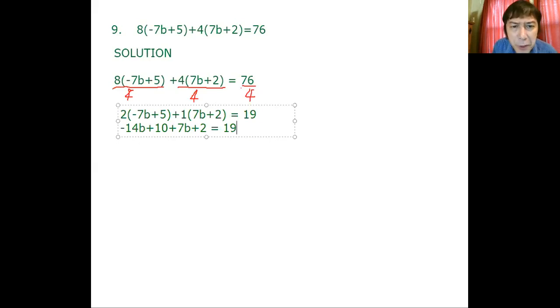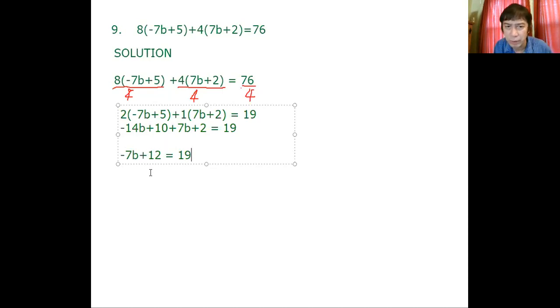So at this point, we're going to simplify, combine like terms. We shall now have negative 14b and a 7b together. That results to a negative 7b. And then these 2 numbers here, 10 and 2, both positive, will sum up to a plus 12. And then this is equal to 19. Further simplification, we shall isolate the term with a letter by moving out the 12.